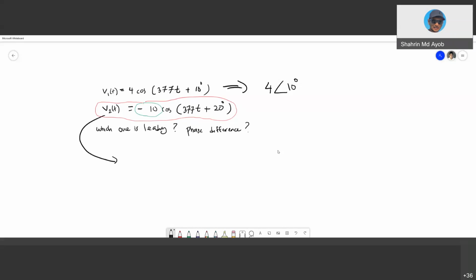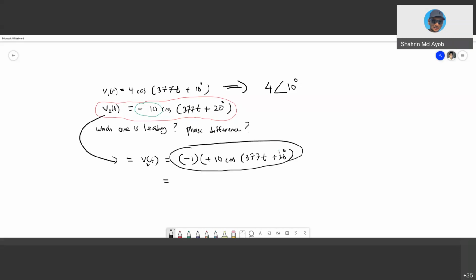You know that V2(t) is negative 10, so you can extract it as negative 1 multiplied with positive 10 cos(377t plus 20). From here, you can transform into a phasor.